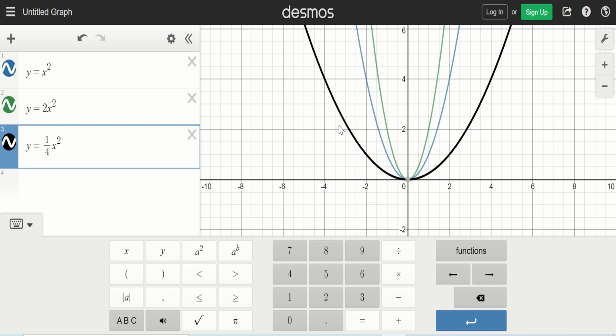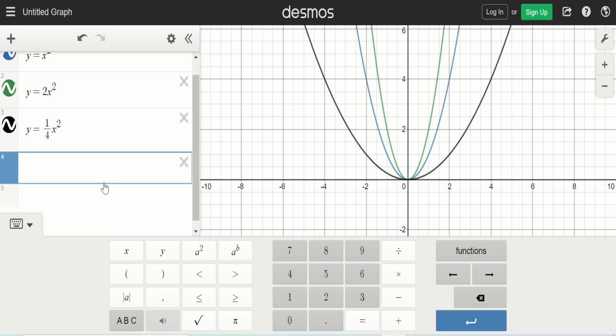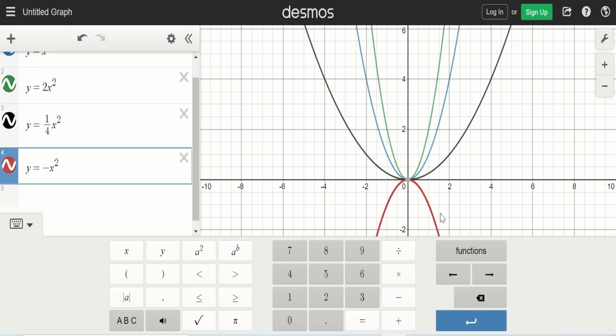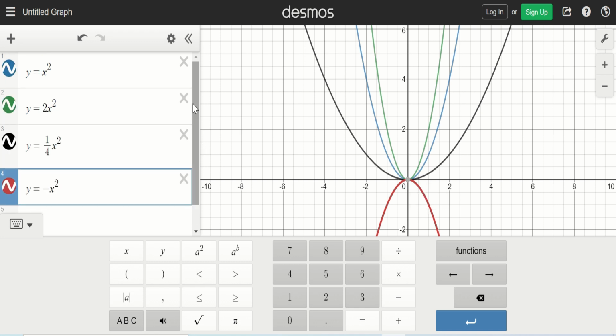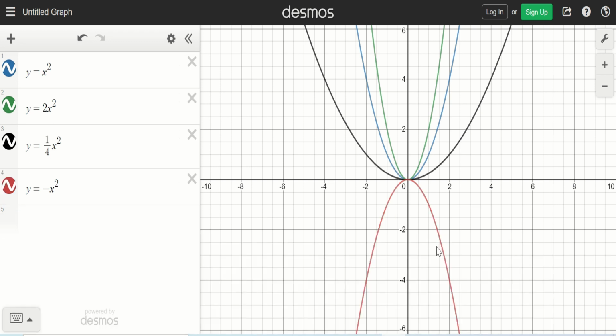Let's compare this graph. If the value of a becomes negative, let's have our parent graph be y is equal to negative x squared. So if you notice, it just mirrors our first parent graph in which the value of a is positive. So since the value of a here is negative, then it opens downward.